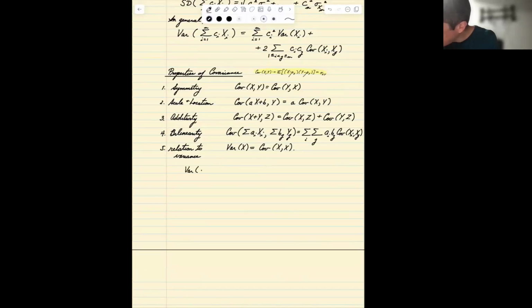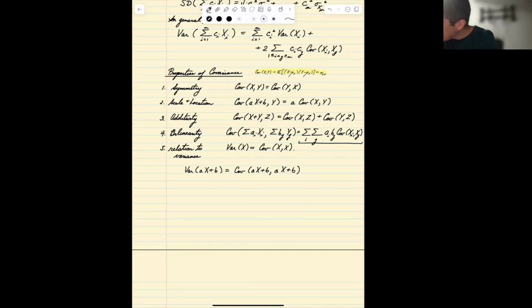And so this is where we can see how we rederive the variance of ax plus b. Well, it's the covariance of ax plus b with ax plus b, which according to this here, first of all, we don't care about the b's.